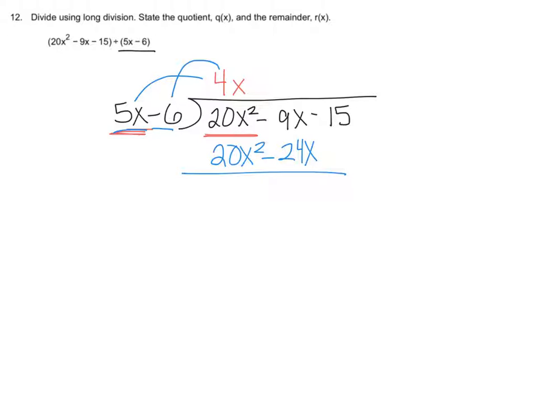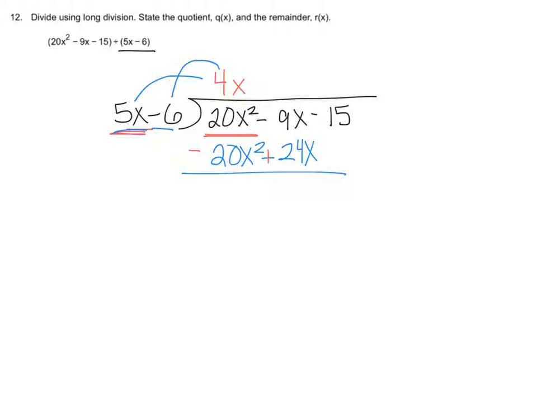Now that we multiplied, we're going to subtract or change signs. That means that I'll subtract the 20x squared, and I'm going to add the 24x. So just change the signs of each term.